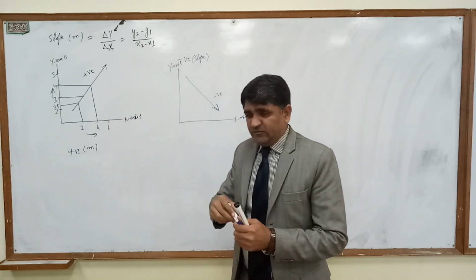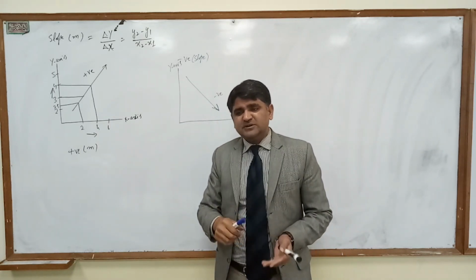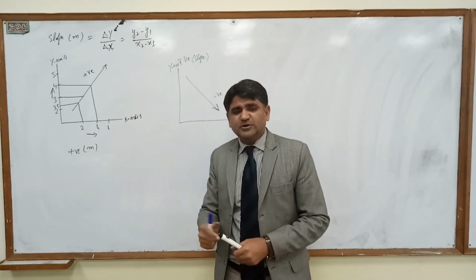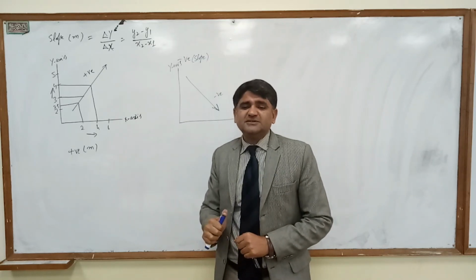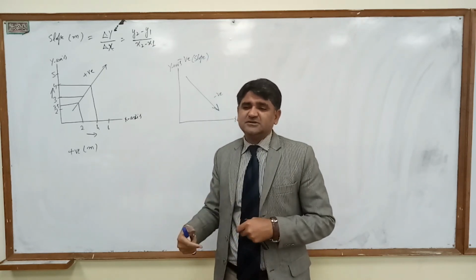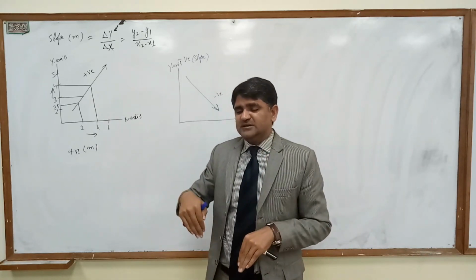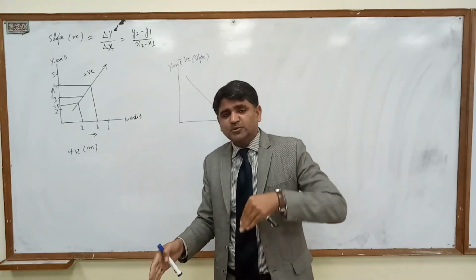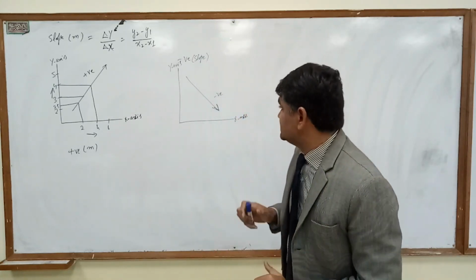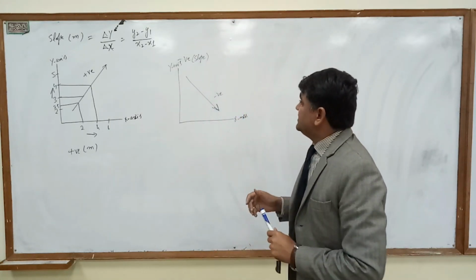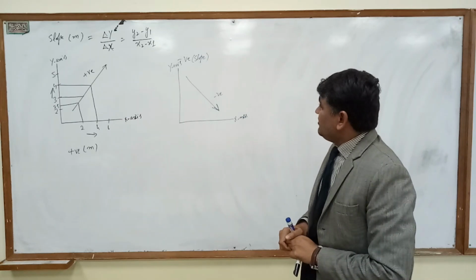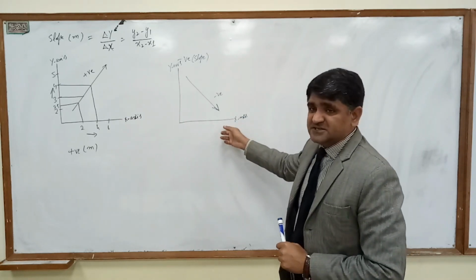It means if input is increased, output is decreased. If input is decreased, output is increased. That is the inverse relationship between two variables. So that is about inverse relationship.